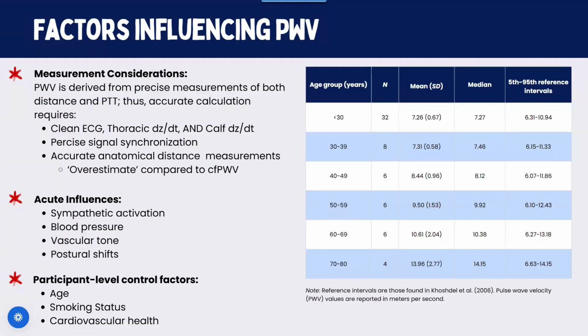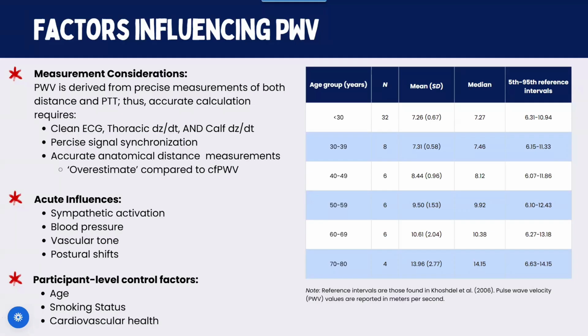And then lastly, we did talk about how dual impedance has been validated against the gold standard carotid-femoral pulse wave velocity. The one thing that we need to take into account is that this is a slight overestimate of pulse wave velocity as opposed to the gold standard.